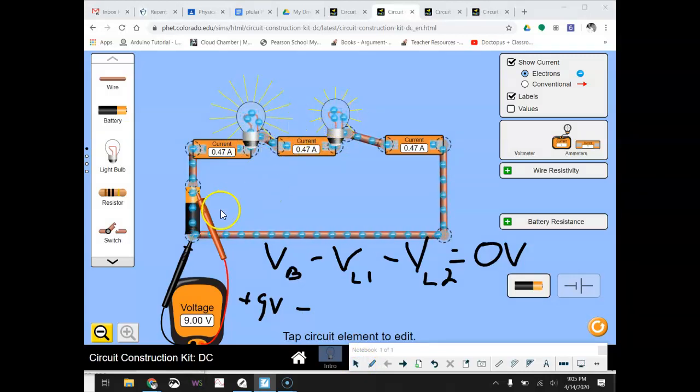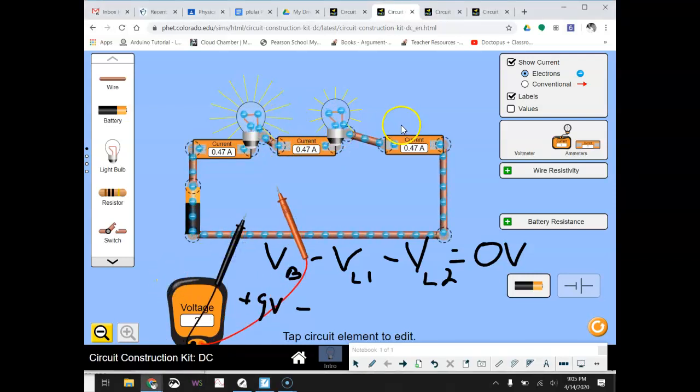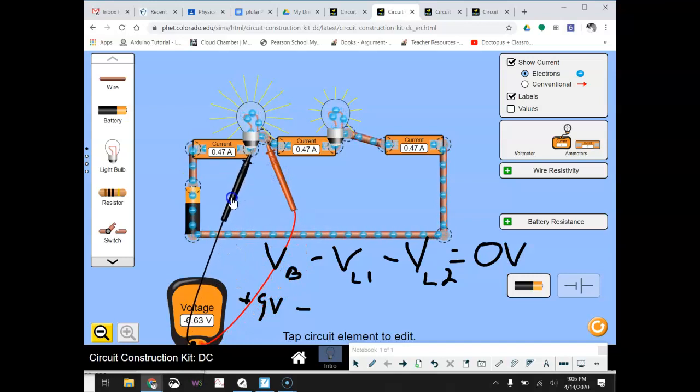If you remember the previous example, we had 2 identical bulbs, and if this was plus 9 with 2 identical bulbs, each of these was minus how much? Yeah, each of these was minus 4.5. Now they're not identical, so it's probably not going to be 4.5. So we can go through and measure this one.